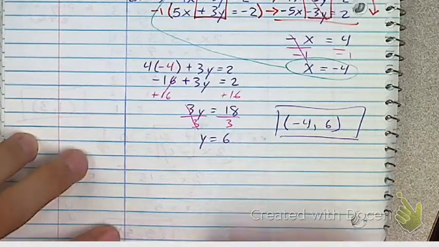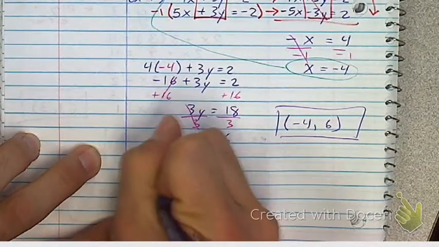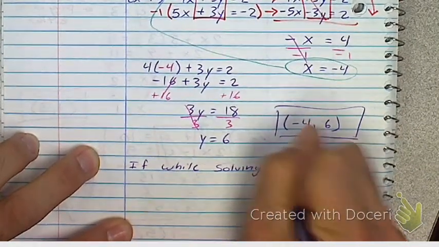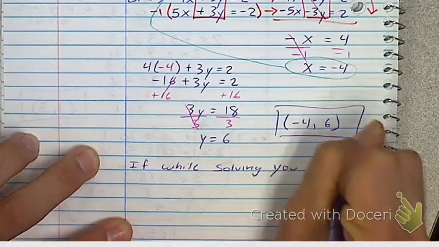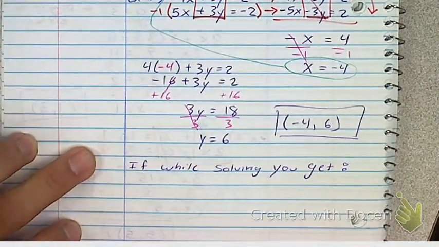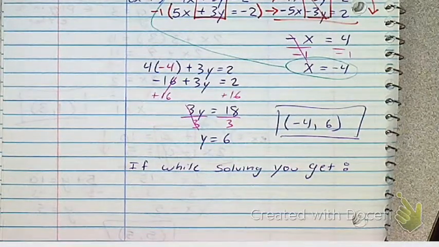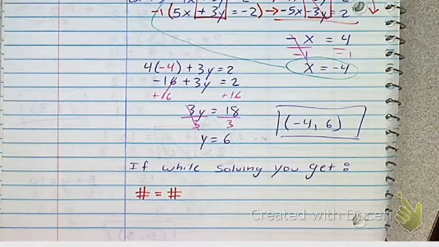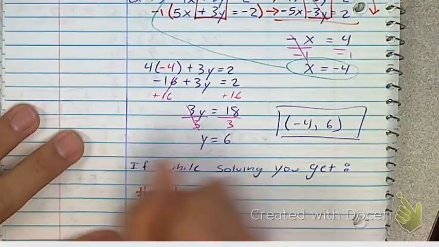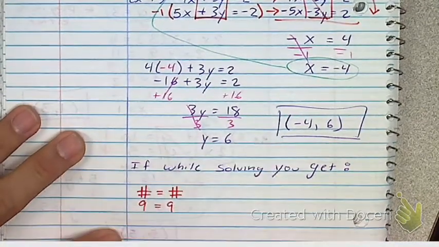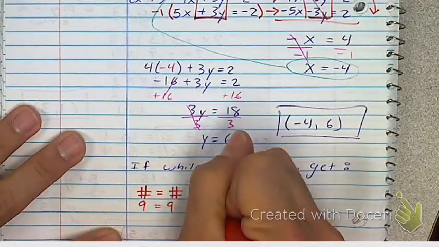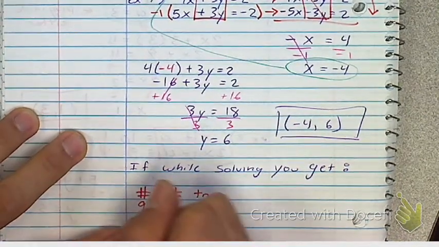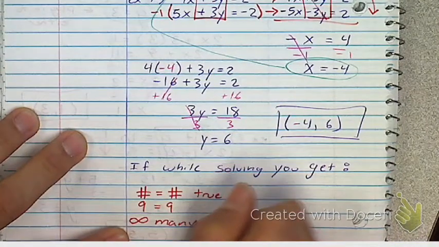So we're going to write: if while solving you get a number that equals a number, so all your variables are gone, and that's true, meaning, let's say it was 9 equals 9. Does 9 equal 9? Yes, that's true. Here's what it means. It means that you have infinitely many solutions.